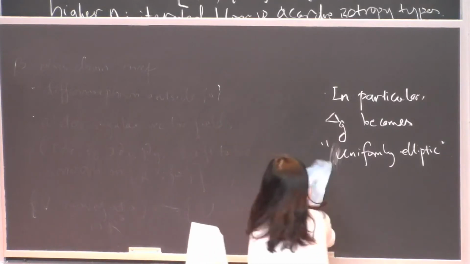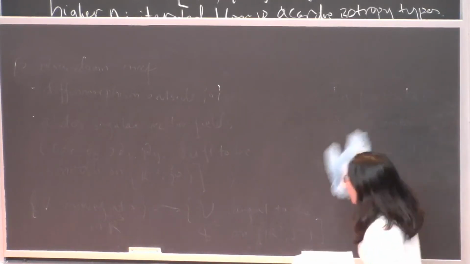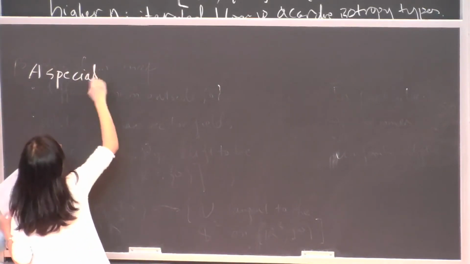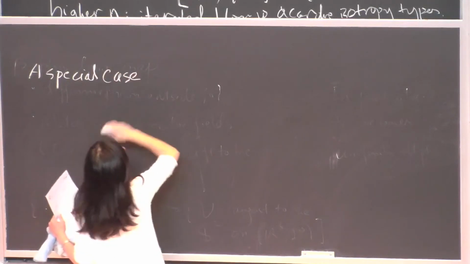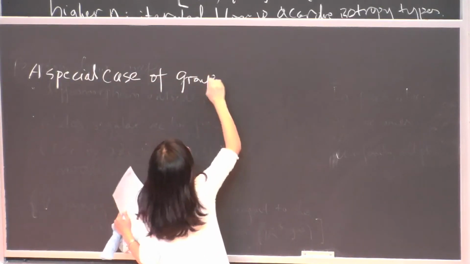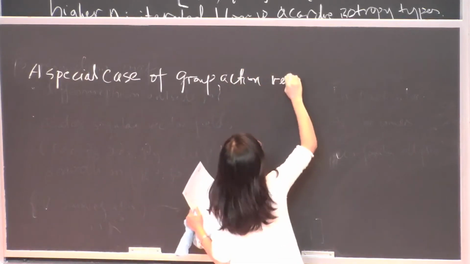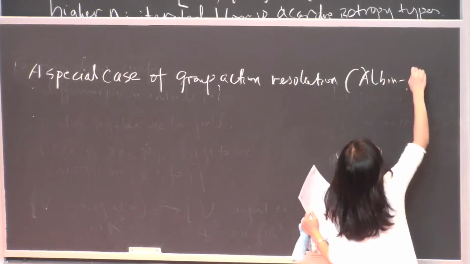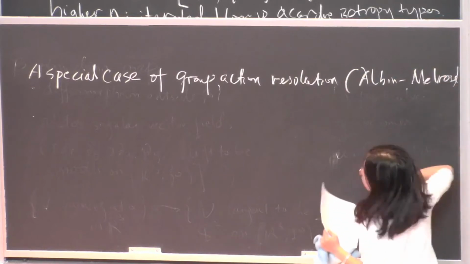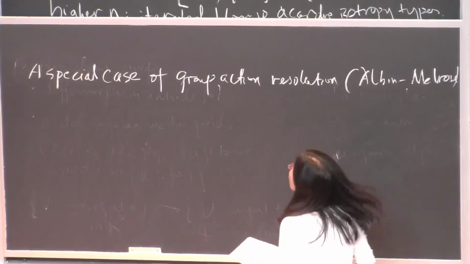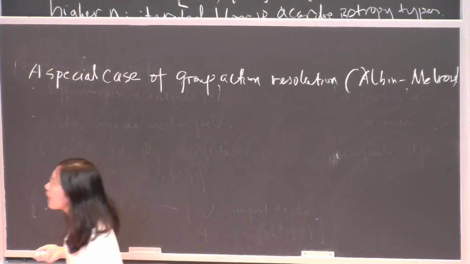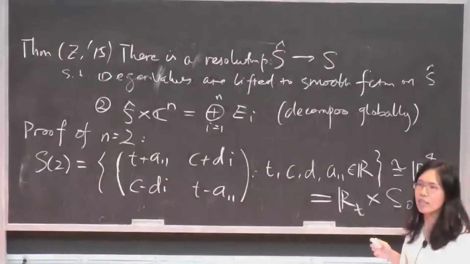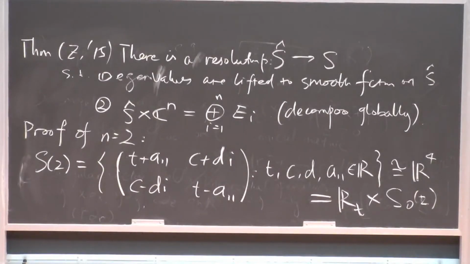and also why I talked so much about group actions there. This case is a special case of a more general scheme of group action resolution, given by Albin and Melrose, saying that for any reasonable group action, you can keep resolving your space so that eventually, in the new space, the space of orbits is going to be a smooth manifold with boundary.